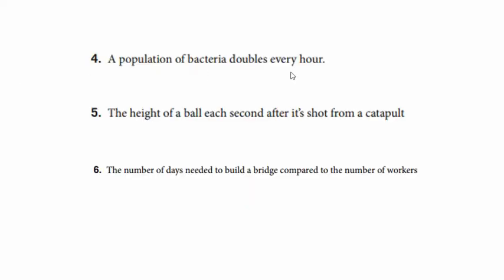A population of bacteria doubles every hour. So again, if I'm thinking about the graph of this, this is going to be my time, and this is going to be my number of bacteria. So independent variable is time. Dependent variable is the number of bacteria.